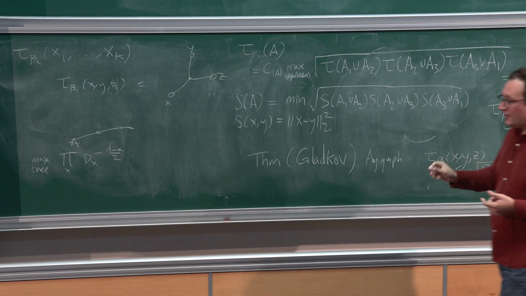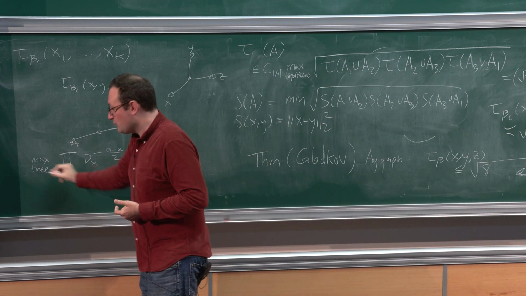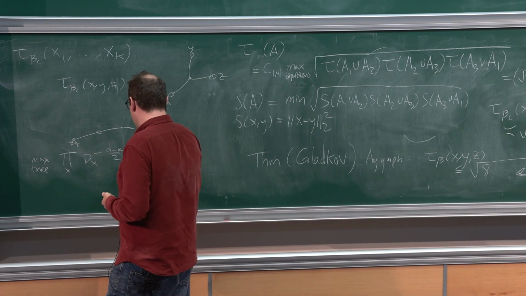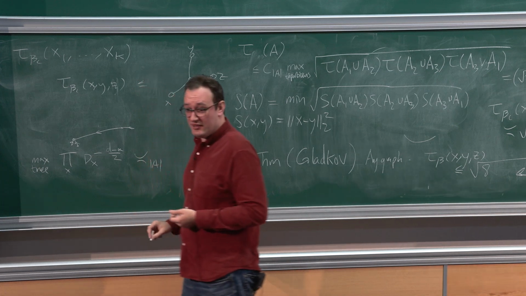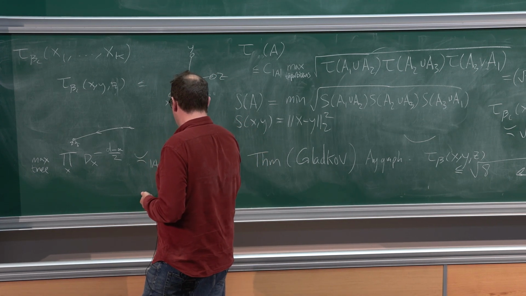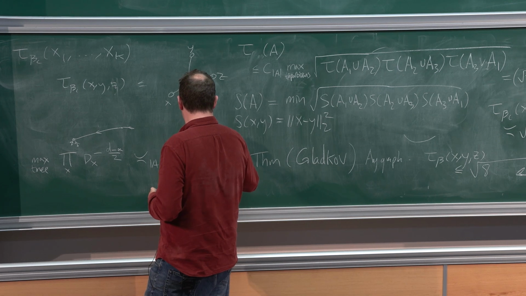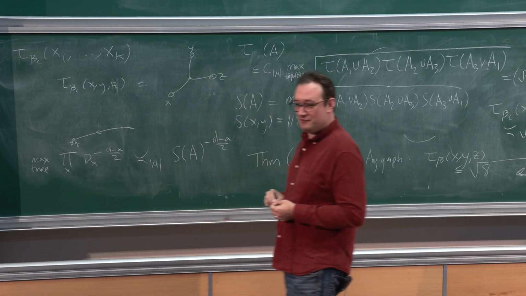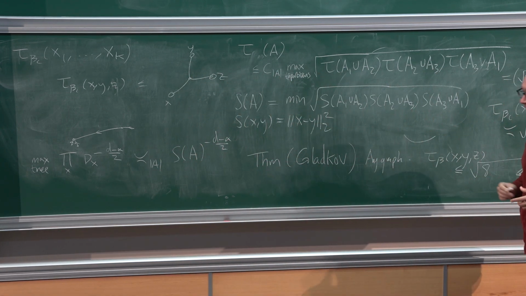Okay, and it turns out that this quantity is equivalent up to constants that may depend on the size of the set to S of A to the minus d minus alpha over 2. Again, that's just a geometric fact.